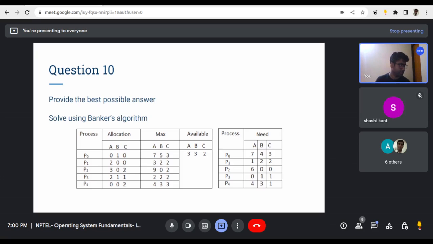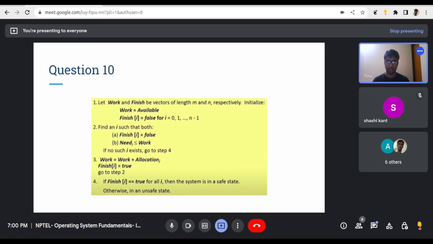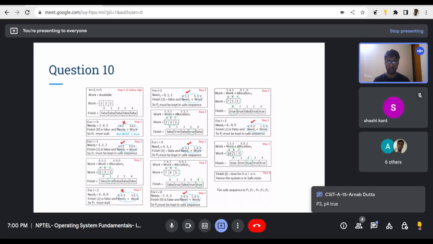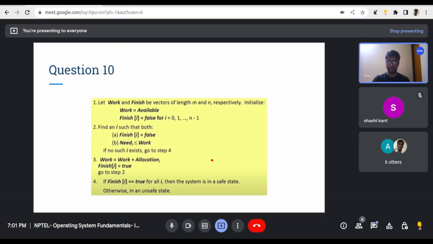Okay, let me do one thing. Since we are nearing the ending part, I have one more question left actually. So I have given the solution in the slide. So you need to study this. This is the correct sequence. There are steps also given accompanying, and these steps relate to the steps of this algorithm.